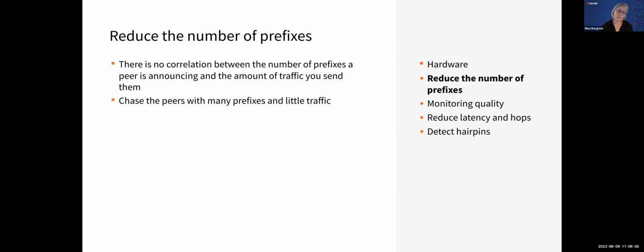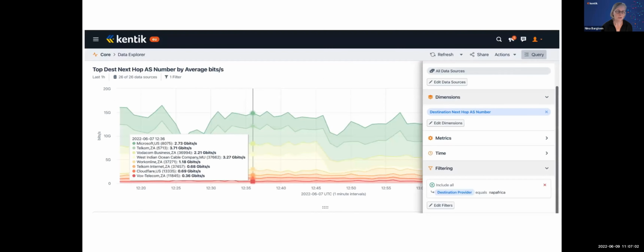So what I suggest is that we look at our traffic coming in from the IX, look at who has the most traffic and who has the most prefixes, and then maybe start sorting or finding a solution that way. Here we have used our Data Explorer in the tool, and are just looking at the destination next hop AS number.